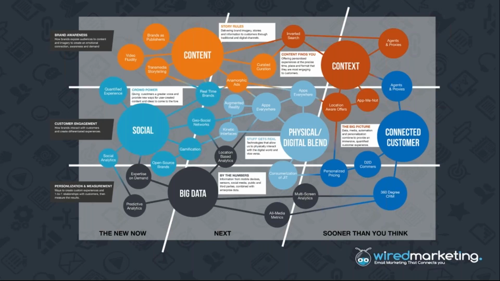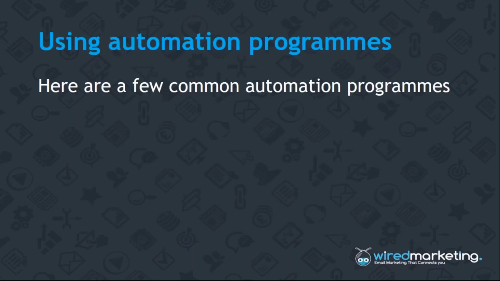So it is much more complicated than it first looks, again, which is why automation lends itself to the more data-driven strategies. So when it comes to using these automation programs, there are, again, an unlimited amount of customer journeys that you could potentially automate. We've just put a few examples together here just to give you sort of a taster on what you could look at automating. So first of all, we've got the welcome programs.